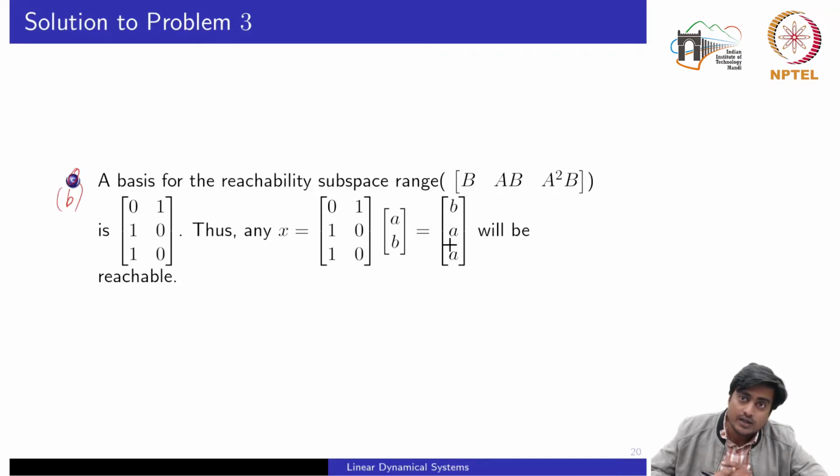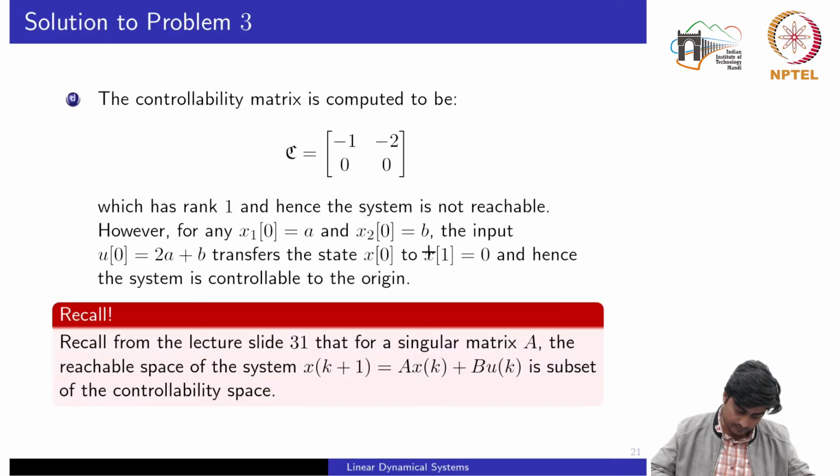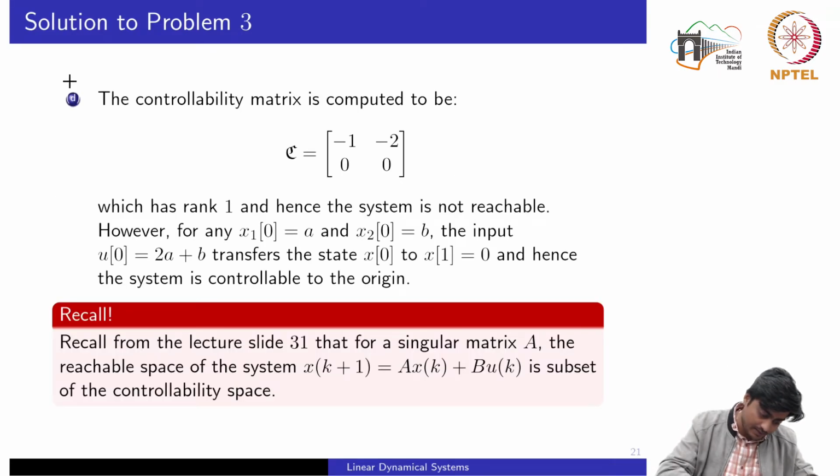Also, all the elementary operations you could perform over these elements would also be reachable, because they will form another basis of the same space, the range space of the controllability matrix. Yeah, so this is the C part.